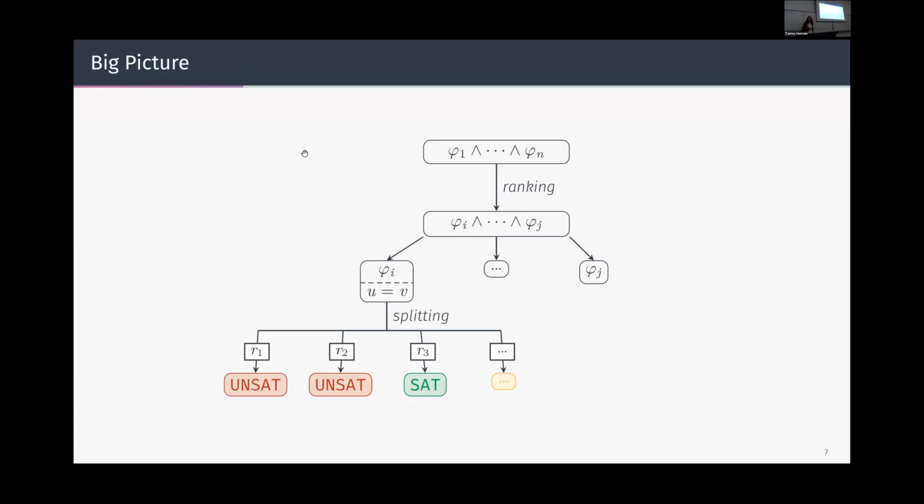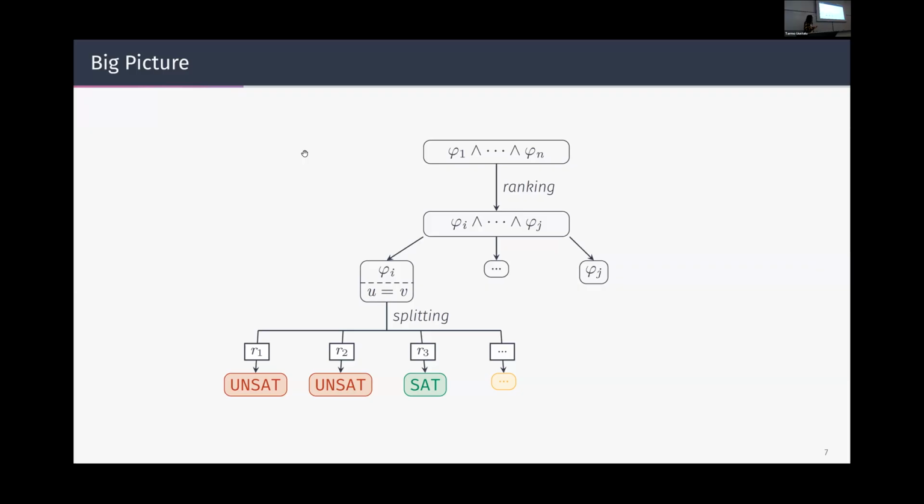So on the more technical part, this is the big picture of the work. So we have the word equation here. So phi1 to phi n are word equations, and this is a conjunctive word equation. Then the first step when we try to solve it is to rank them. So we can reorder equations in a different way, mainly in order to find unsatisfiable ones at the very beginning. And then after the reordering part, we split to deal with each word equation independently.